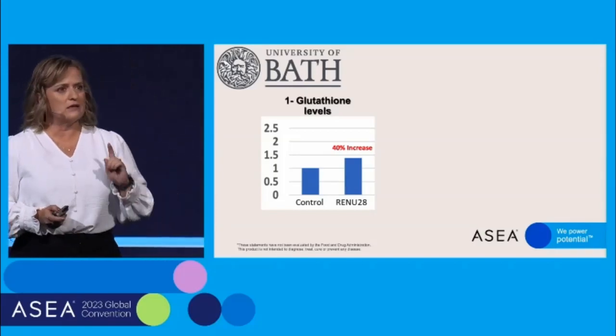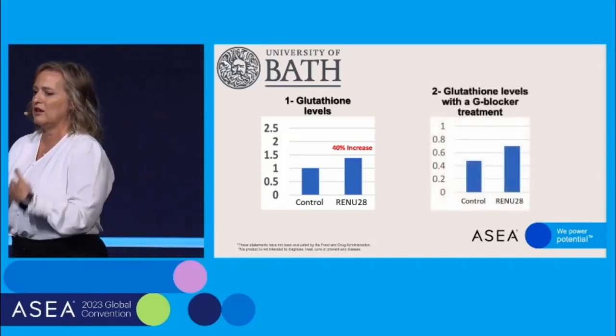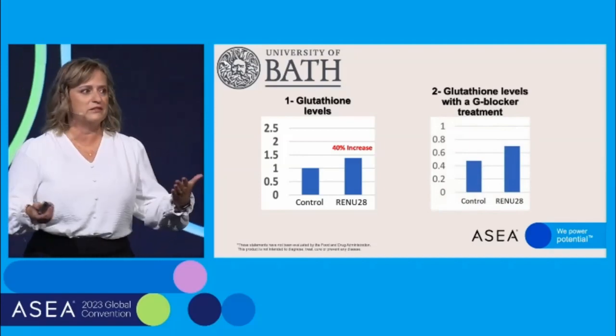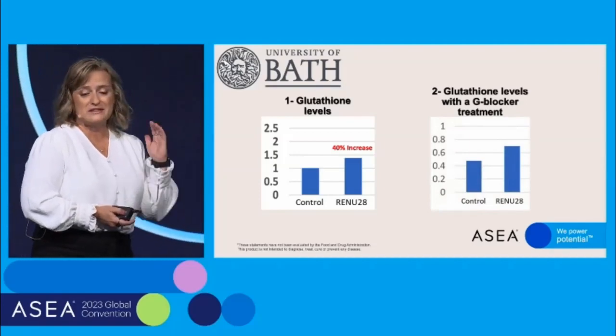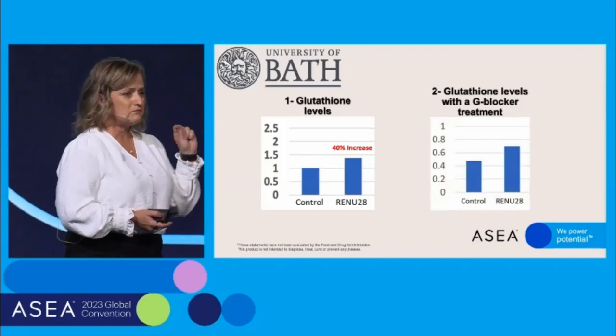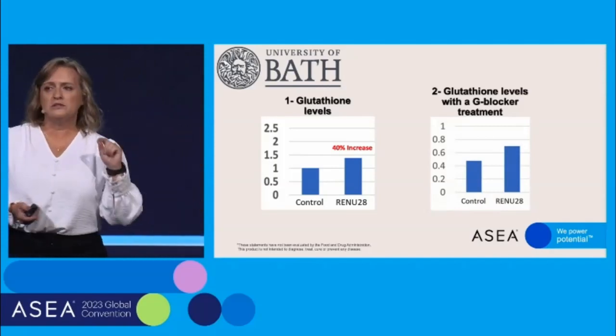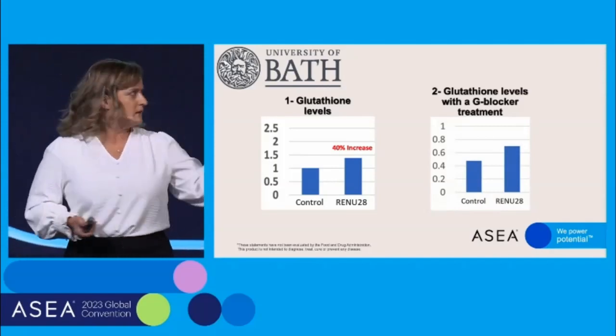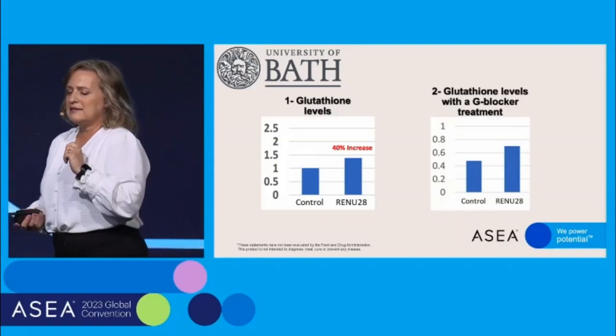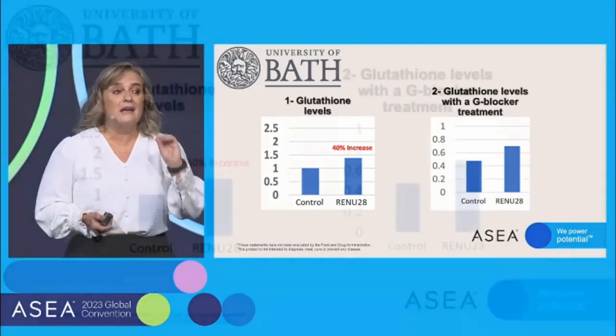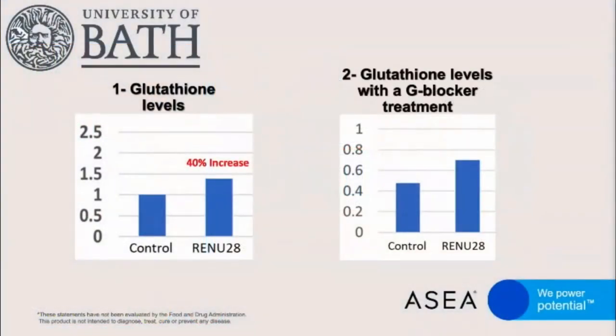In the second experiment, and I actually love this experiment and this result, it shows something very unique. It was really a surprise even to me. These results are represented in this graph. The glutathione production was blocked with a very specific glutathione blocker, which means the production of glutathione was not happening in those cells.